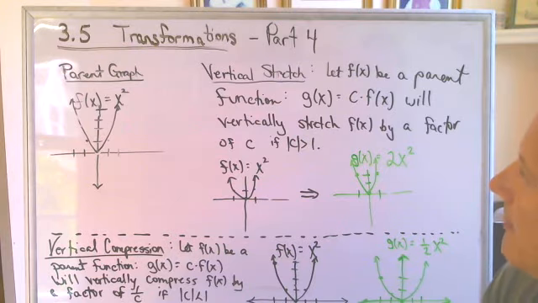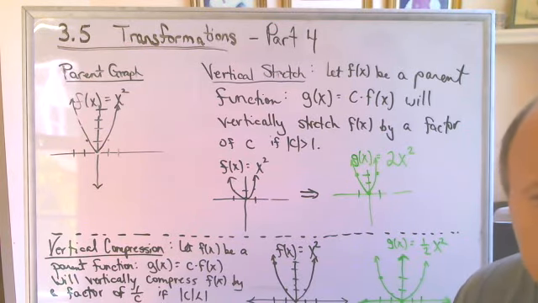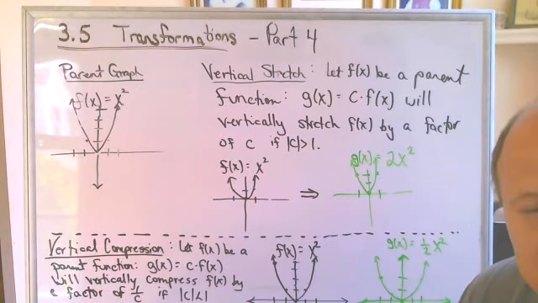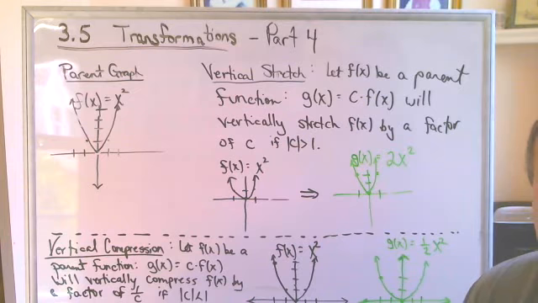Part 5, our final part, will consist of a problem with multiple transformations in it. I will probably do a vertical shift, a horizontal shift, a vertical reflection, and either a vertical stretch or a compression. I don't know which one yet. We'll see. So stay tuned. The next one will be part 5.